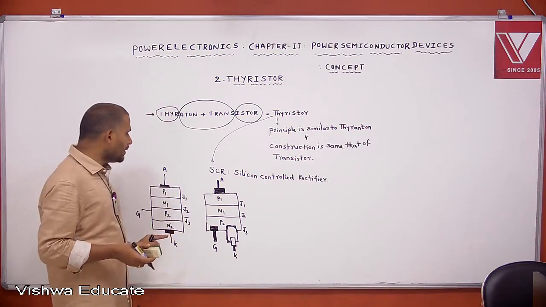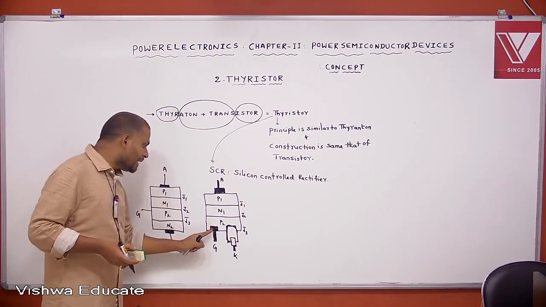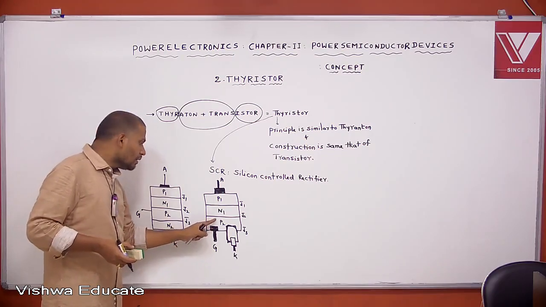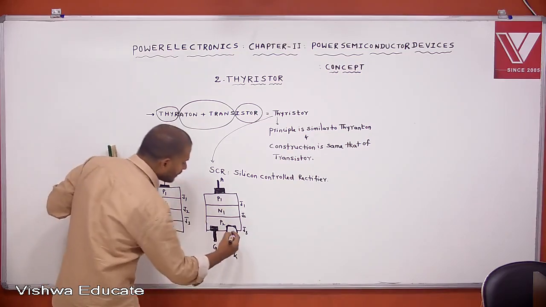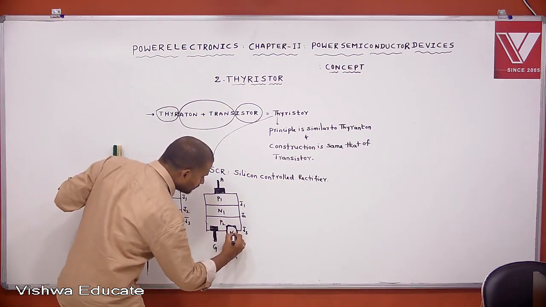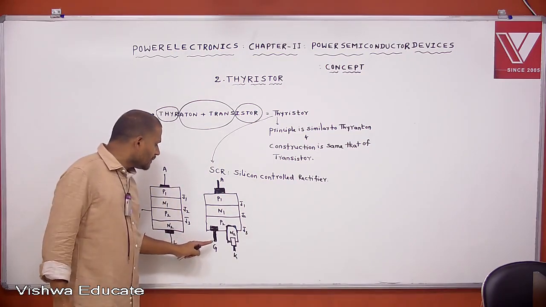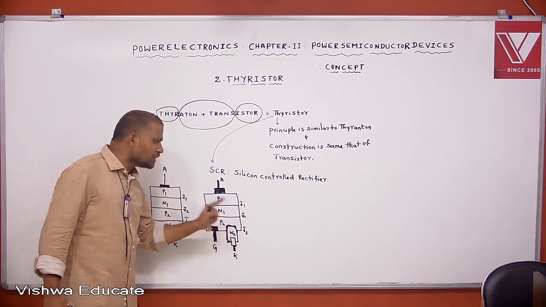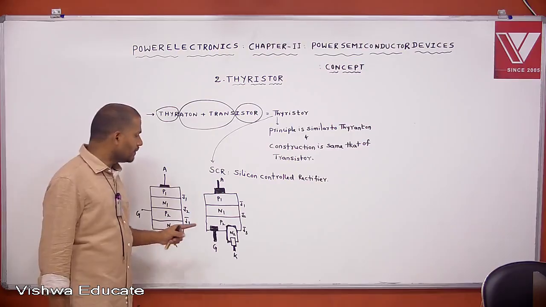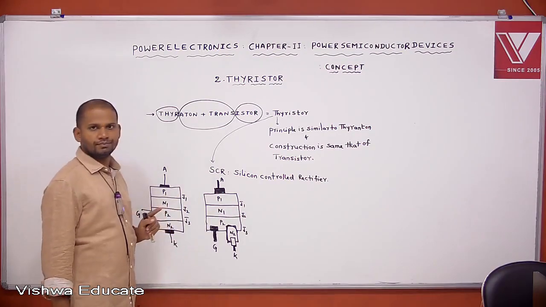But point to remember, gate is always connected to the inner P layer. Actually this is N2. Gate is connected to the inner P layer, and that is nearer to the J2 junction. That's why this J2 junction is also called the gate junction.